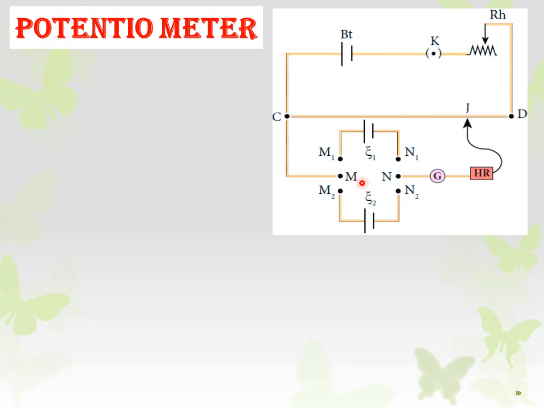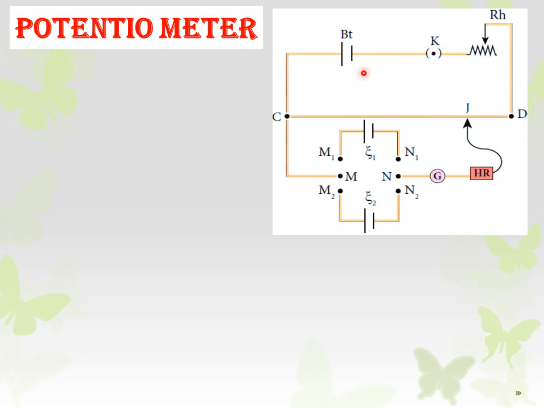Okay, now we have two cells. One is the Leclanche cell which is Psi1 and another one is the Daniell cell, which is Psi2. The terminal M is connected with the point C, and C is connected with the positive terminal of the battery.